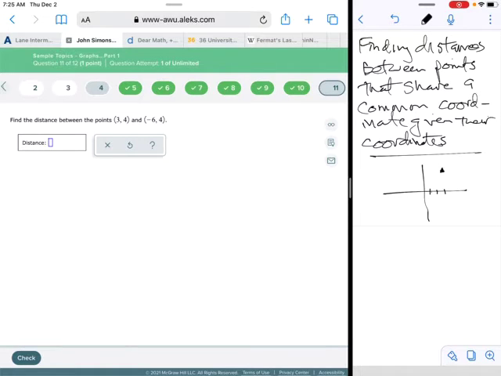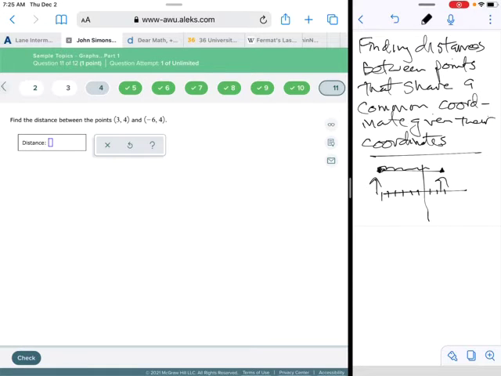What matters, though, is that on negative 6, it's the same height both ways. You have basically what would be a straight line if you connected them. So if it's a straight line, all I have to do is count over my x units until I get to the other dot.